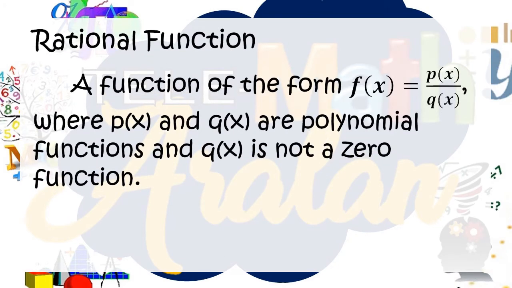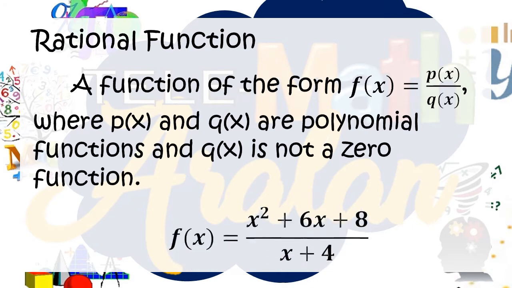Rational function is a function of the form f of x is equal to p of x over q of x, where p of x and q of x are polynomial functions and q of x is not a zero function. Example, f of x is equal to x squared plus 6x plus 8 over x plus 4.